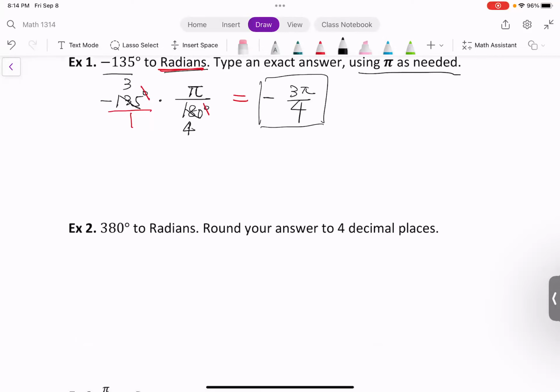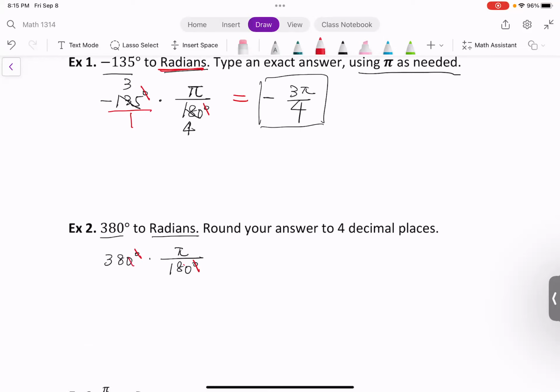The next example is still converting the angle in the degree mode to the radian mode. So I'm using this angle 380 degrees multiplied by pi over 180 degrees because I want to cancel out the degree symbol, and then in the radian mode, no degree. All right, what is next?